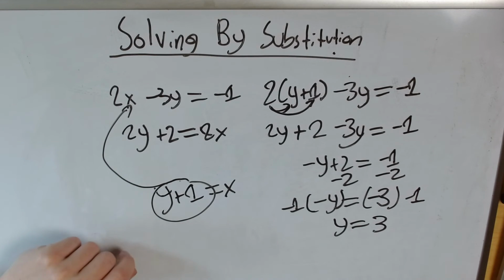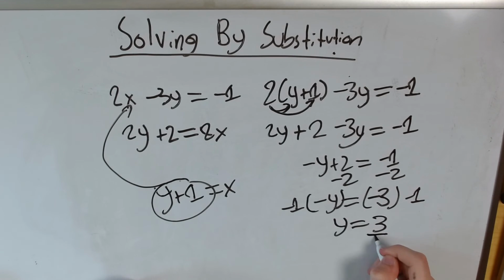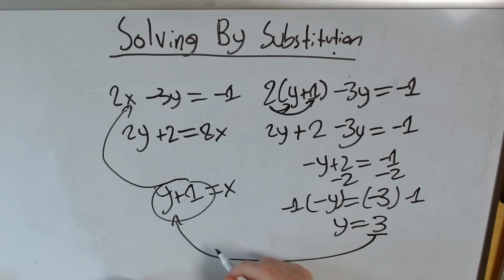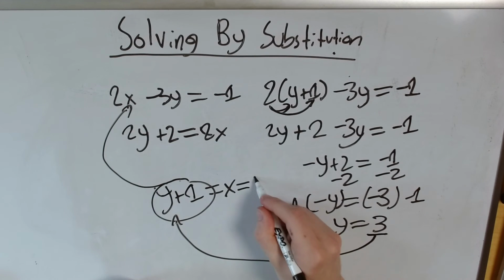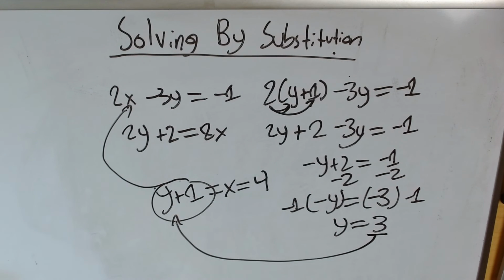So we've solved one part of our equation. Now what do we have to do? We have to plug this value back in to find x. So again, I'm going to go to this equation. I'm going to take this 3, plug it in for y. 3 plus 1 equals 4, so x equals 4. And just like that, we've solved a pretty big system of equations by substituting.